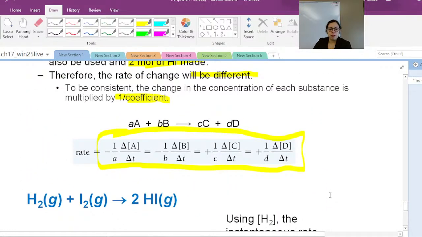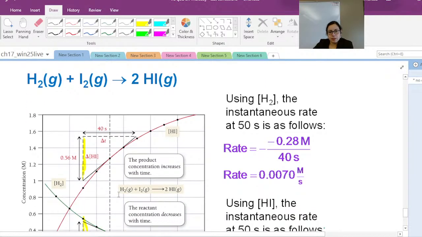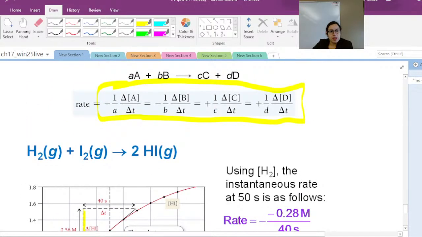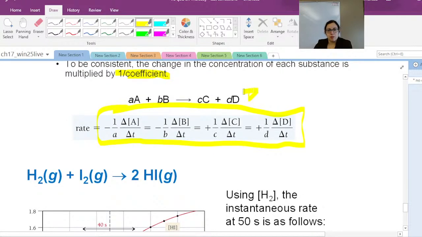This follows the formula where the HI is positive since we're increasing it, and H2 is negative. So just don't forget to account for your coefficient. Does that make sense for this?